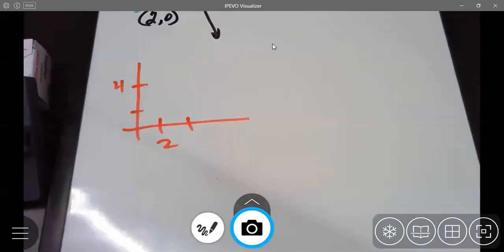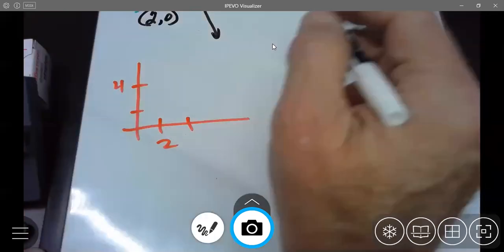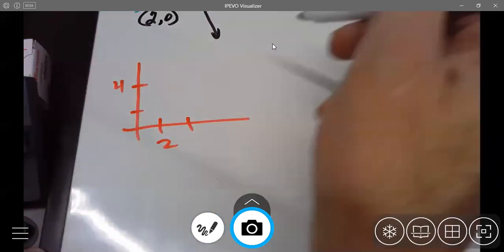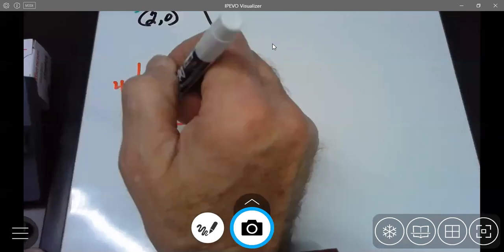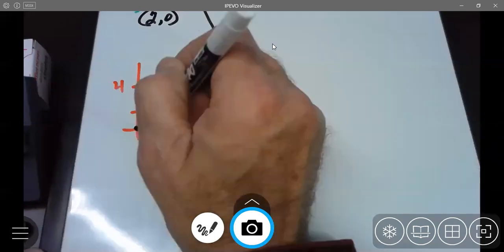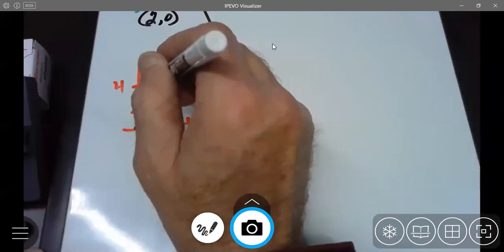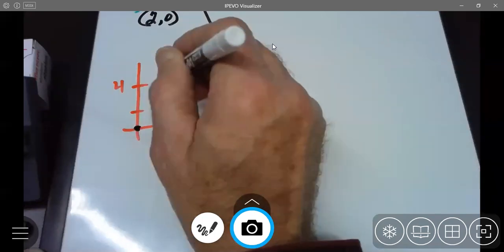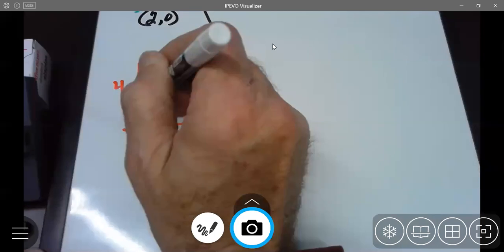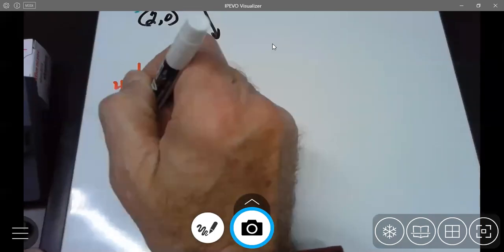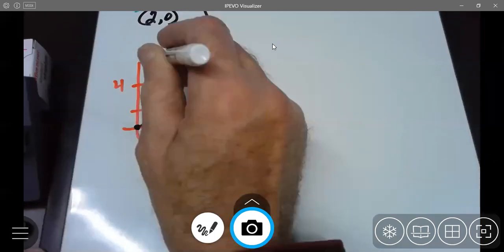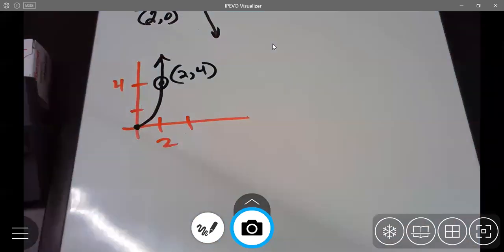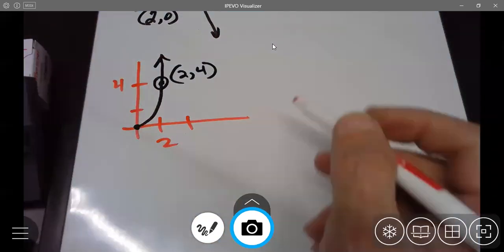If you look real closely, this exponential function starts off at 0, and it goes up to 2, 4. X is 2, y is 4. So it comes up like this. You look for the point.